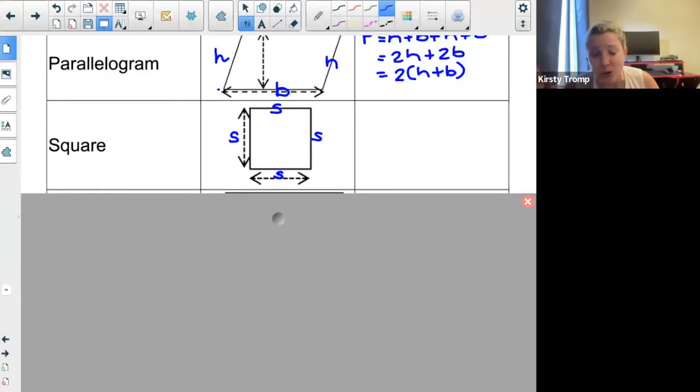Whatever you called it when you first learned about it, that's fine. But most of the time we call it sides. So for this one, we can say perimeter equals side plus side plus side plus side. Or you can say the perimeter is equal to 4 sides. Whichever one you want to do, they're both the same. It means the same thing, 4 sides.